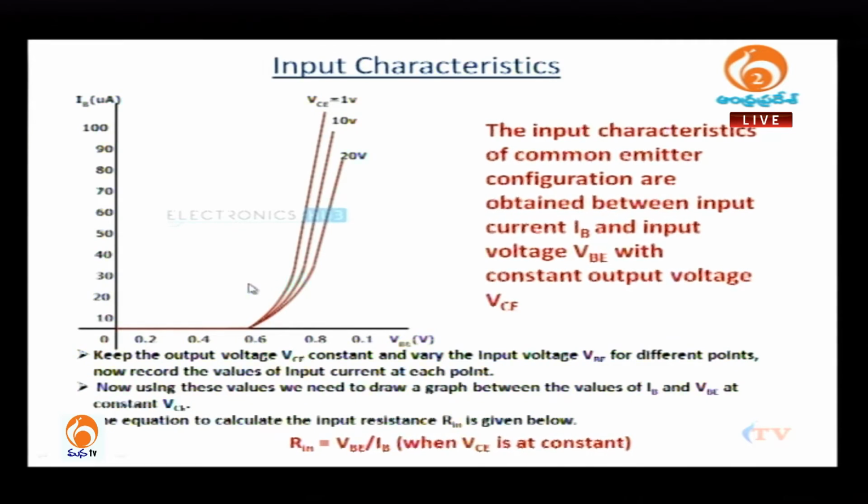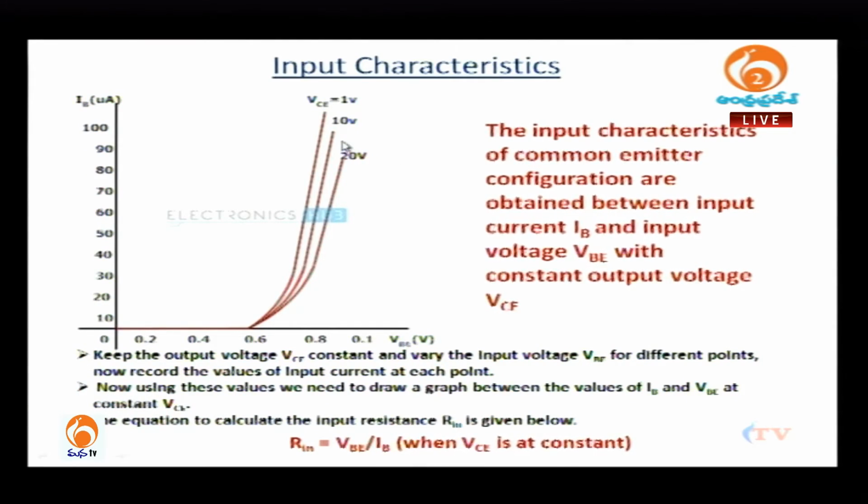Now, here what we have done is we have fixed the output voltage constant to about 1 volt. You can see that it is exactly a forward biased PN junction diode. Now, when we increase the collector to emitter voltage, say for example, we fix it to 10 volts, we will get another curve.